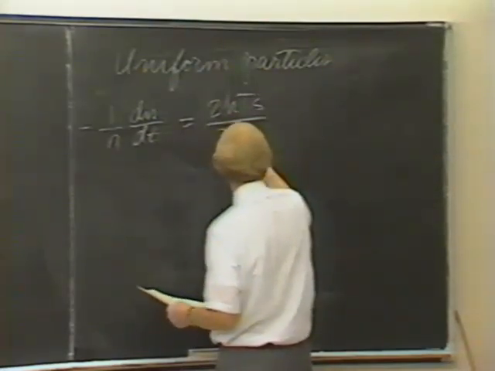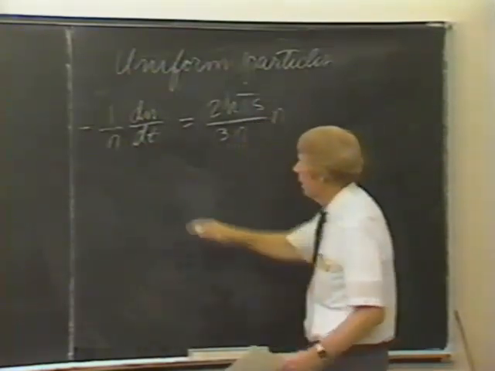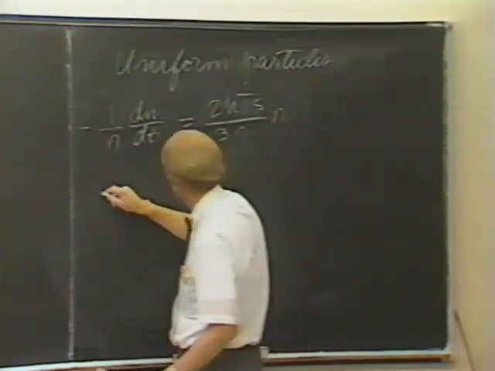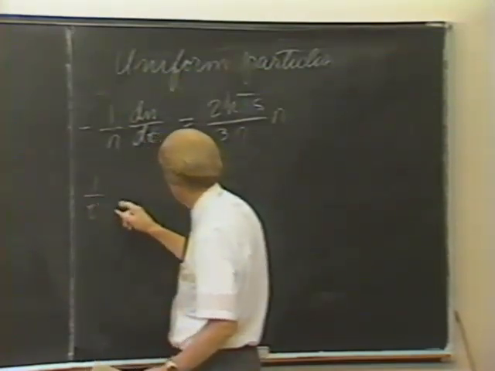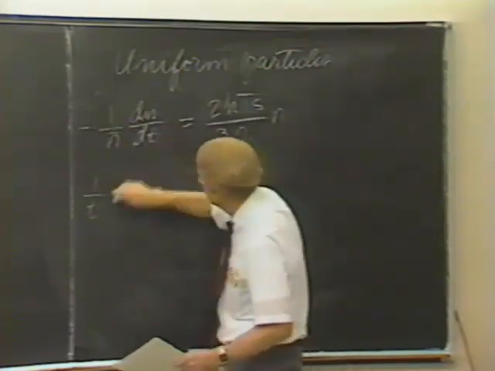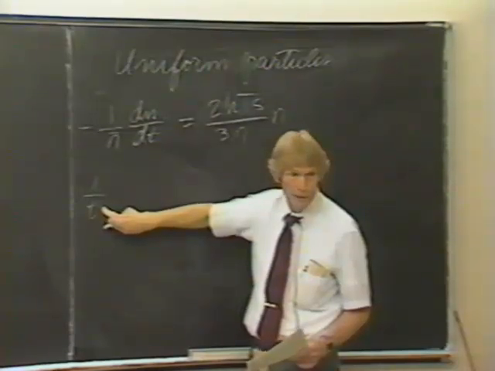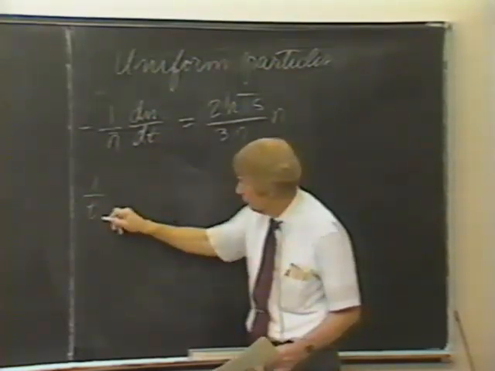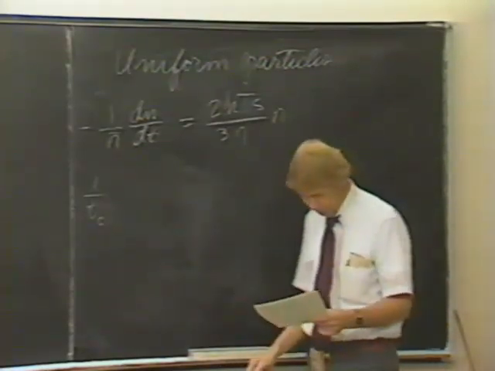This has the dimensions of 1 over t, and I'll make this average, and this we'll call an average time between collisions. So I'll put this t sub c, the collision time, and the time between collisions is directly proportional to temperature.